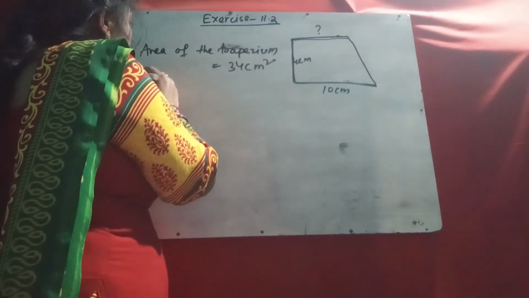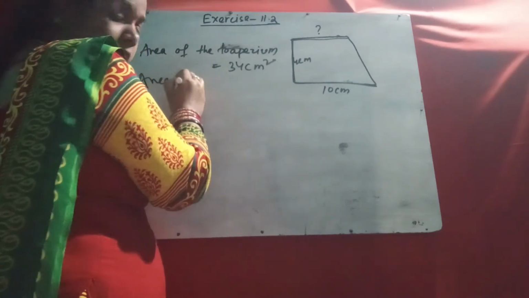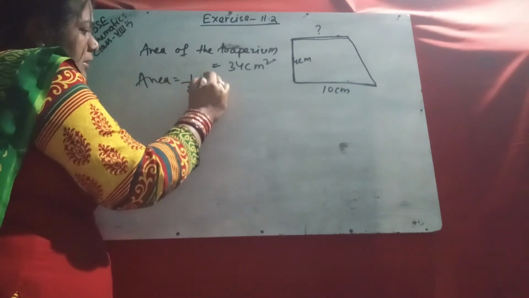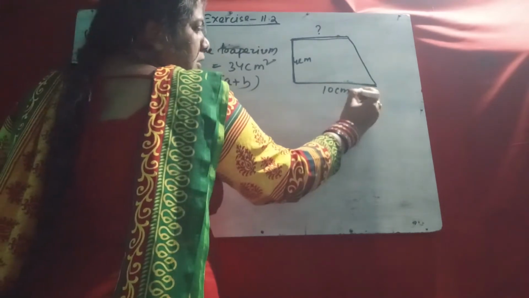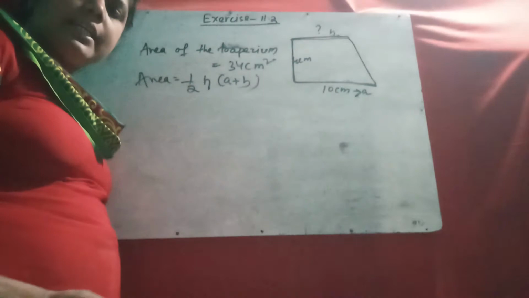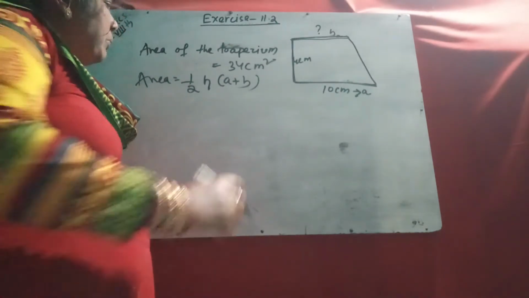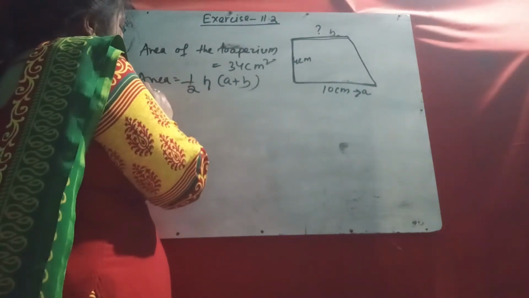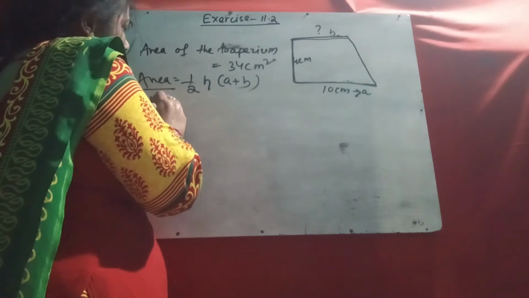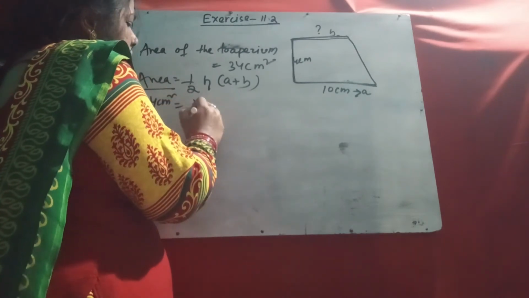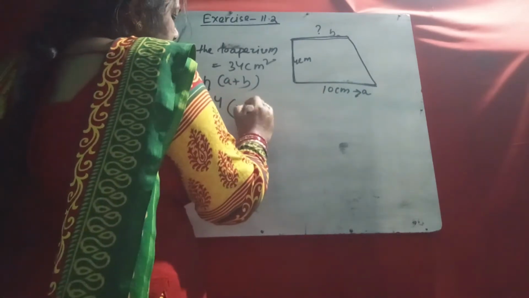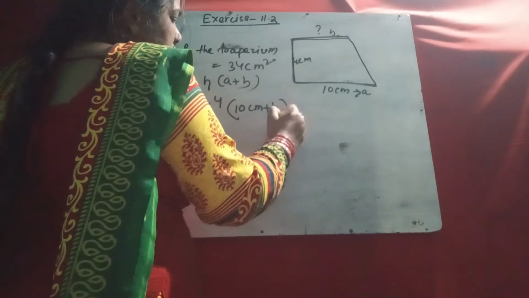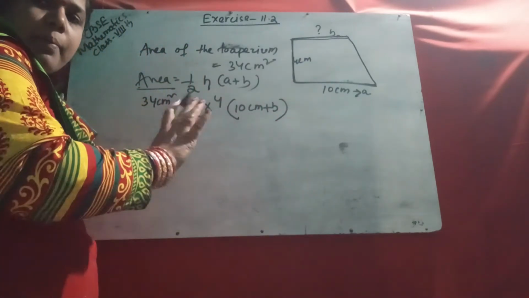The formula is: area equals half into height into A plus B. A and B mean the two parallel sides of a trapezium. So the area is 34 cm square equals half into height, which is 4, into A plus B. A is 10 cm. B you have to find out, just simply write B there.